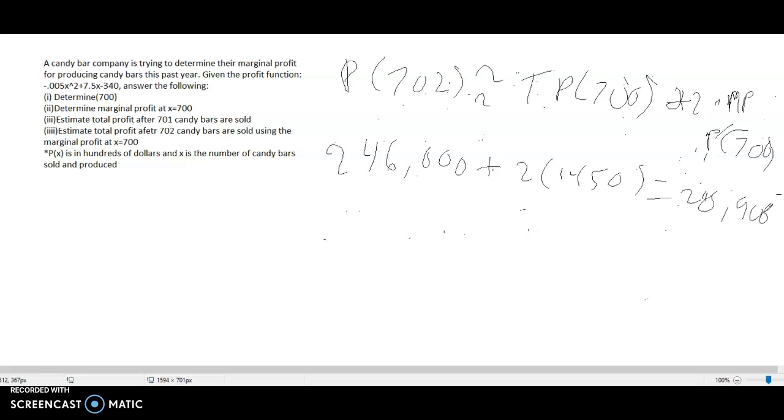That will be the total profit after producing 702 candy bars. As far as the graph goes, I will insert a graph onto the Google slide itself that will demonstrate and explain this graphically. This is just mathematical. Thank you and bye.